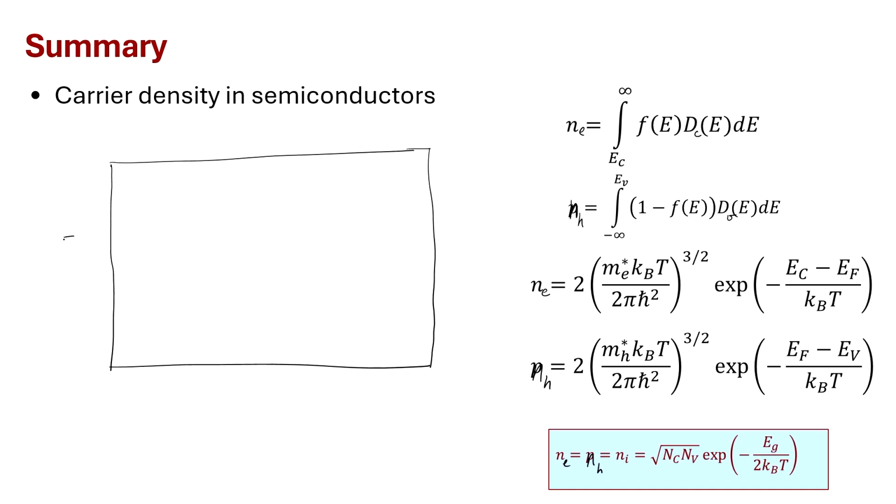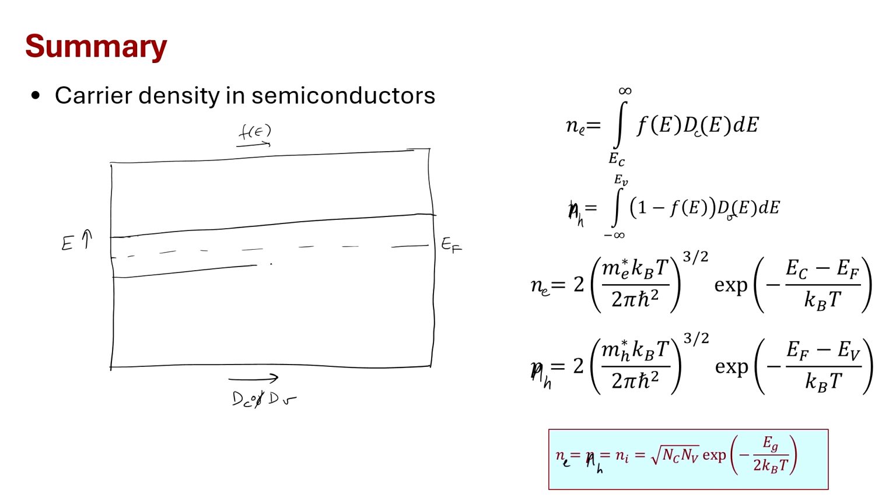So, on the y axis we have energy, on the x axis we can plot dC or dV, and here we can plot Fe. If this is your EF, this is EV, this is EC.